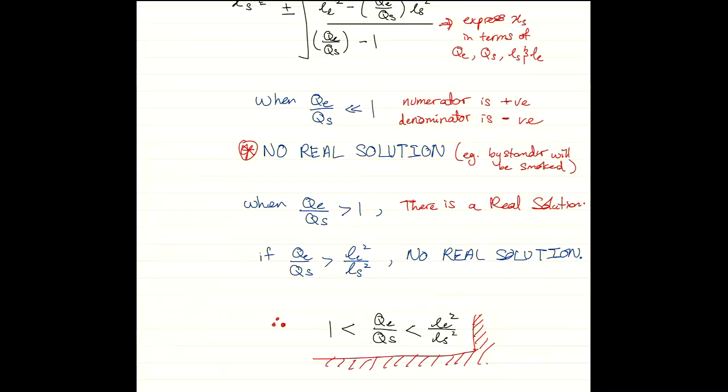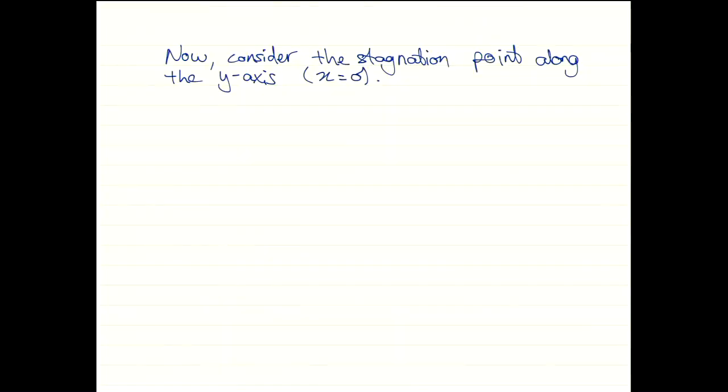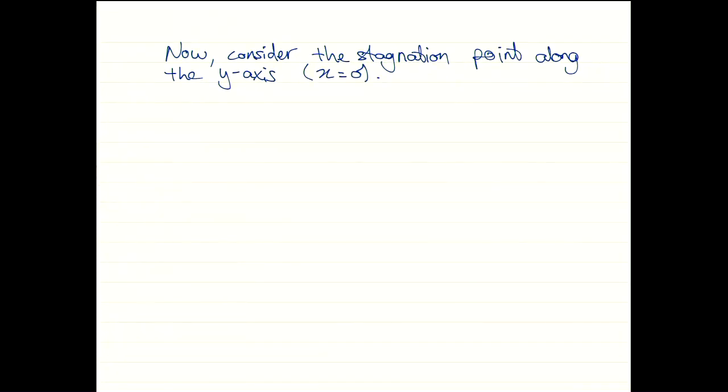Now, we are going to look at stagnation points along the y-axis now. Okay, so when x equals 0. So let's have a look at our velocities. So when x equals 0, can anybody tell me what's my u? Right, u is going to be equal to 0. Okay, very good.